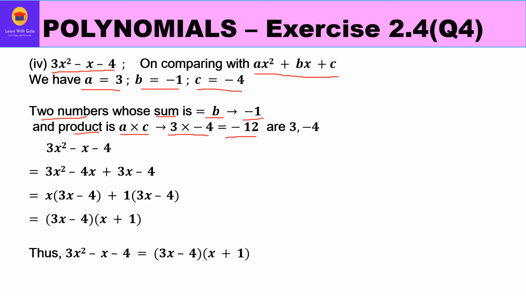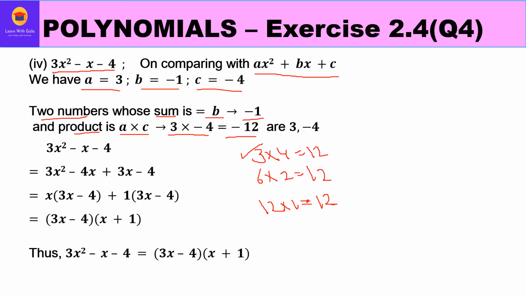Now if you look at the combinations of 12, you will see 3 into 4 is 12, right? Then 6 into 2 is 12. 12 into 1 is 12, right? These various combinations we can get. But we want minus 1 also as the sum of these two numbers. So minus 1, how will we get?